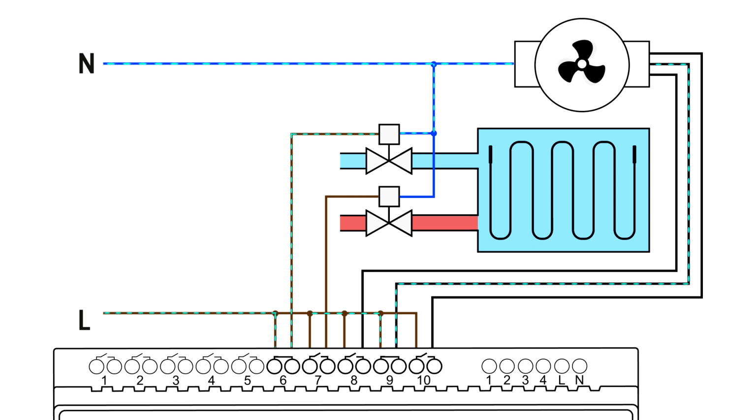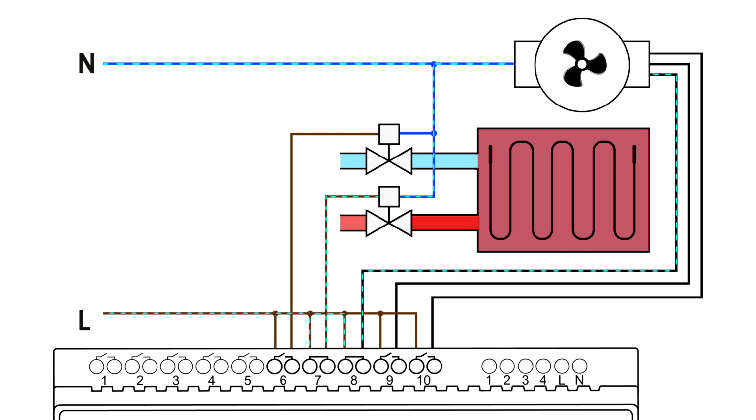Standard fan coils have 3 to 4 speeds and 1 to 2 valves, requiring the use of 4 to 6 relay channels for connection. It's important to configure the module correctly to avoid simultaneous voltage supply to multiple motor windings, which could damage the fan coil.